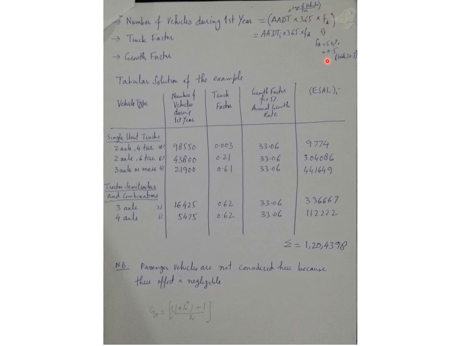Now, the most important thing is that AADT multiplied by percentage of vehicles divided by 100 can be replaced by AADT sub I. So the formula would be AADT sub I into 365 into F sub D. Then we need the truck factors for the different vehicles and the growth factor.